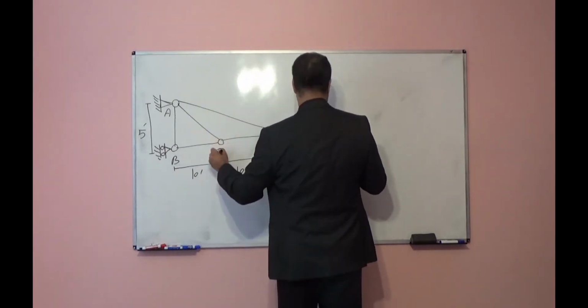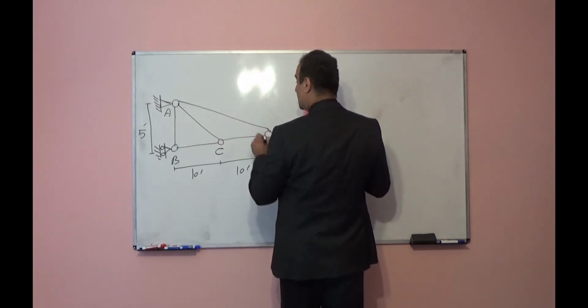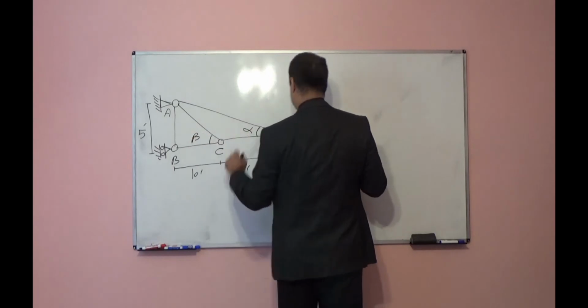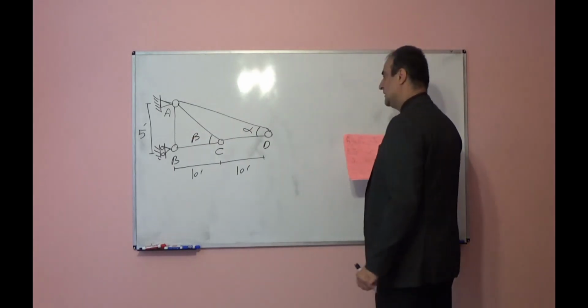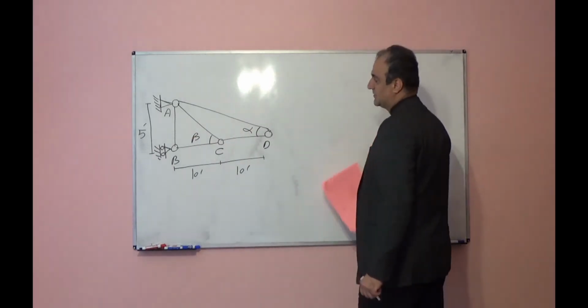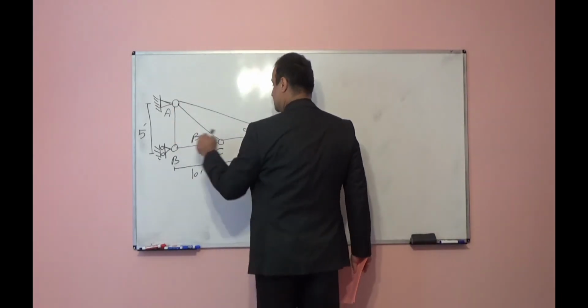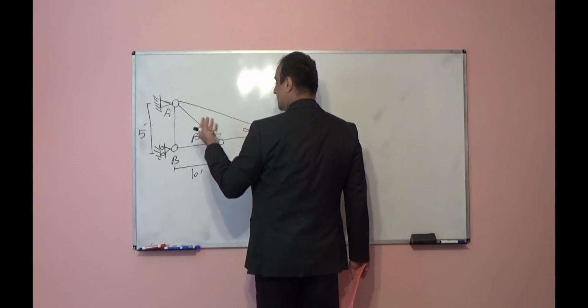I call this angle alpha, this angle beta. So I have one simple truss. You see A, B, C, D, two triangles, and it is stable.